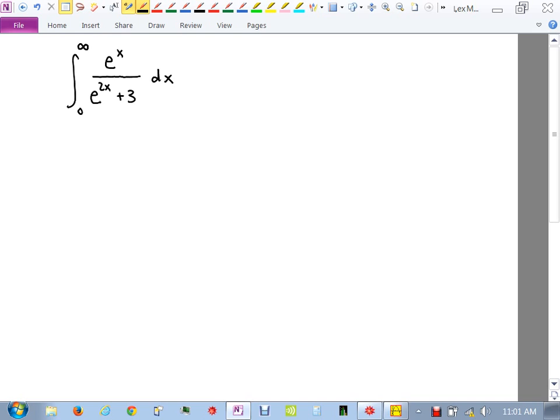So the first thing we need to do is figure out what the antiderivative is. So you might want to work on that by itself without all the limits of integration up there. And the key to doing the problem is to realize that e to the 2x is the same as e to the x squared, and then plus 3 dx.